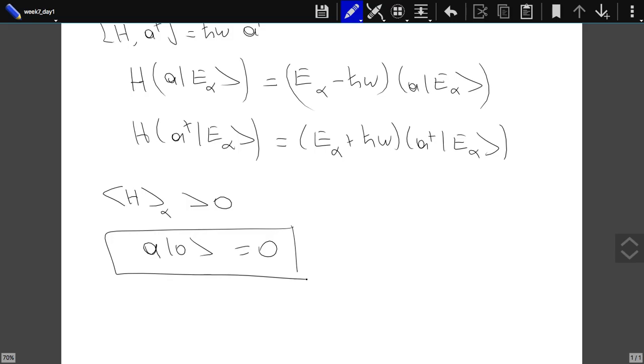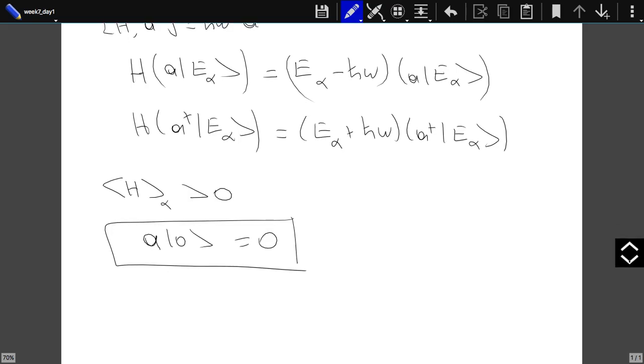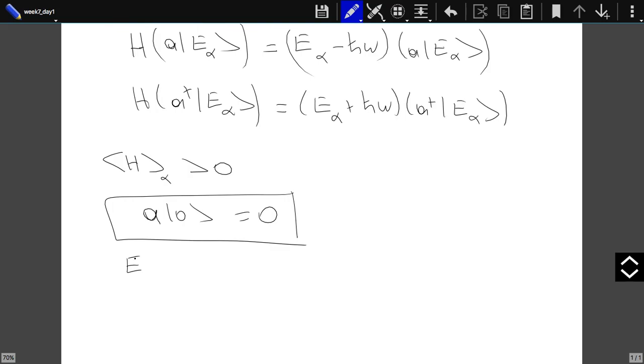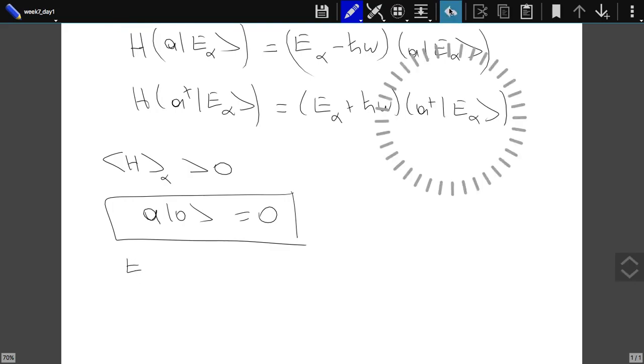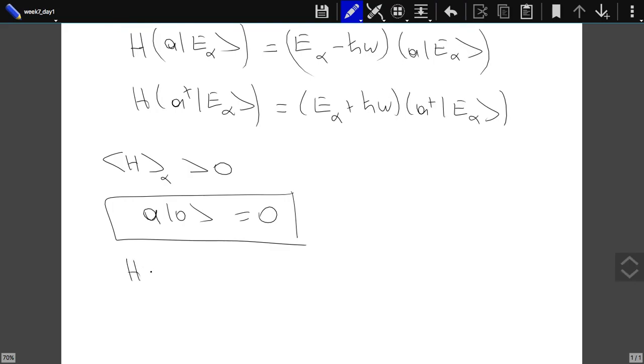Now, once we have this ground state, we can build energy eigenstates. Let's start with H acting on this ground state. Now H was h bar omega times A dagger A plus 1/2.